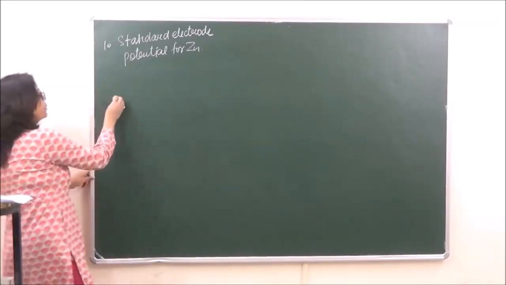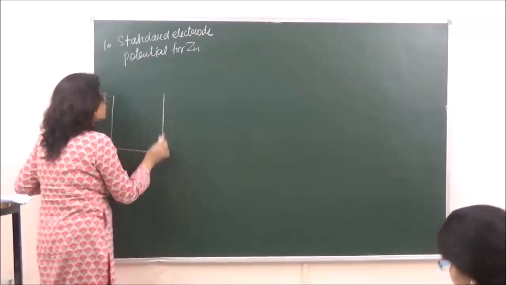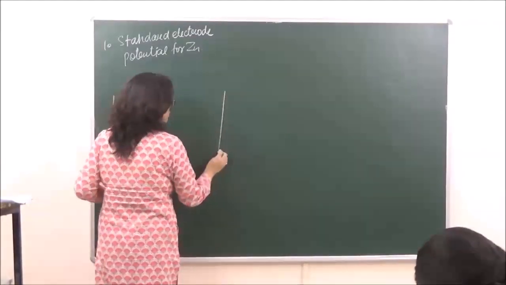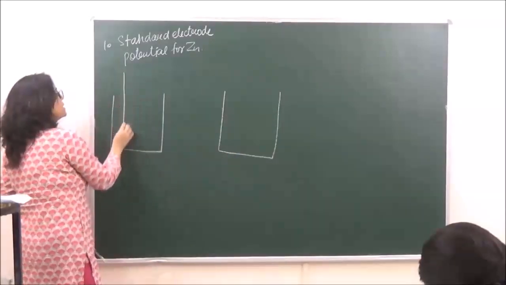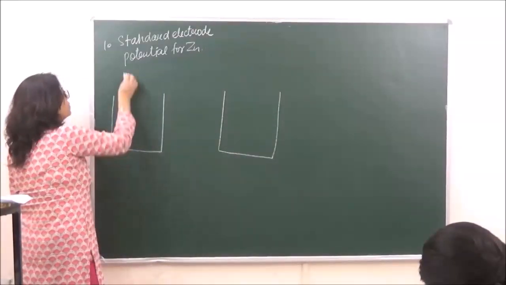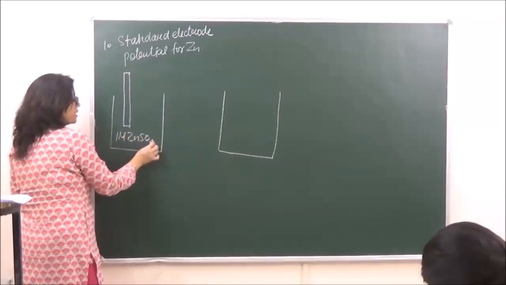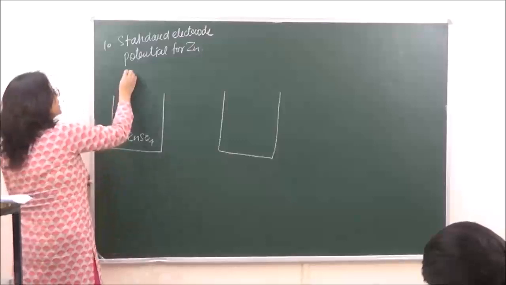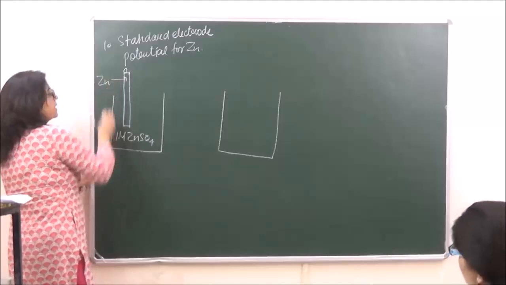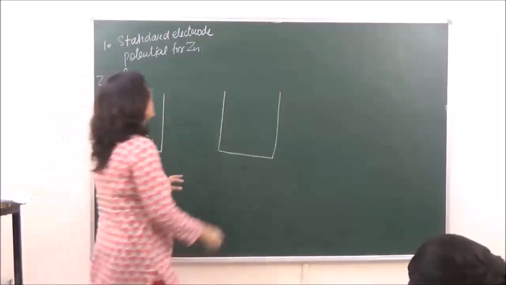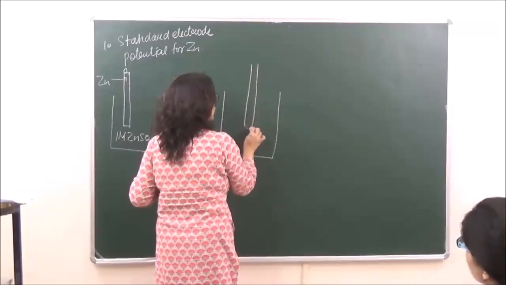So the setup is going to be something like this. We placed 1 molar zinc sulfate solution over here, okay? And this is the zinc electrode, and over here we have the standard hydrogen electrode.